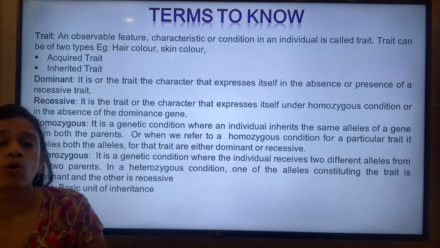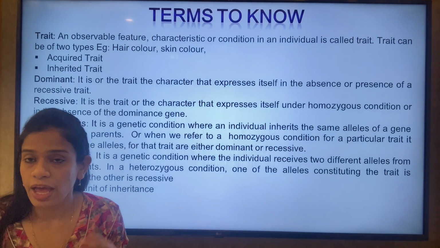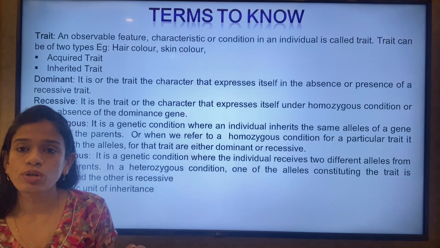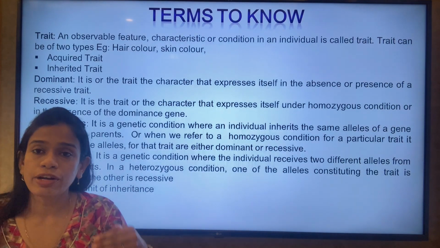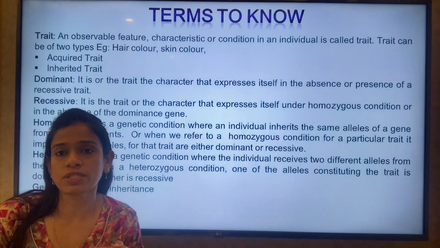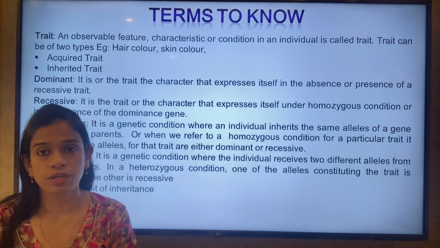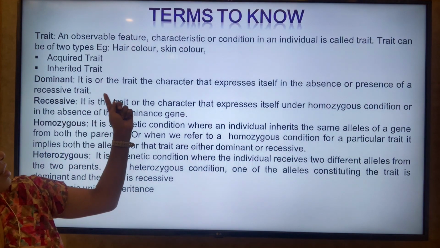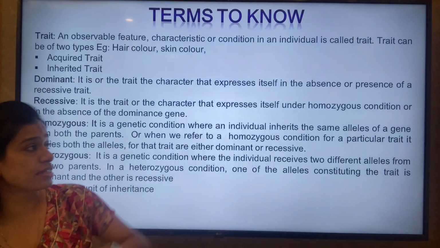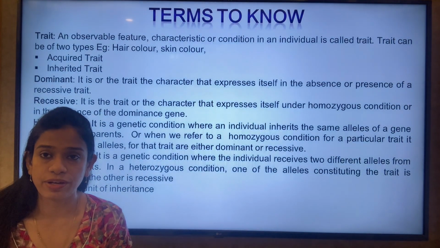Dominant. When we talk of traits, there are two types, acquired and inherited. Out of these, the particular trait which gets expressed, which we can see from outside, is known as the dominant trait. So dominant is the trait, the character, that expresses itself in the absence or presence of a recessive trait.